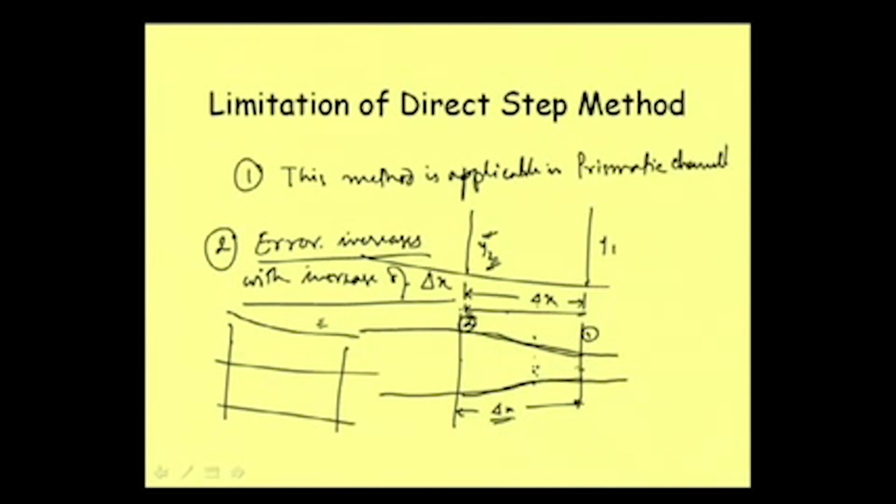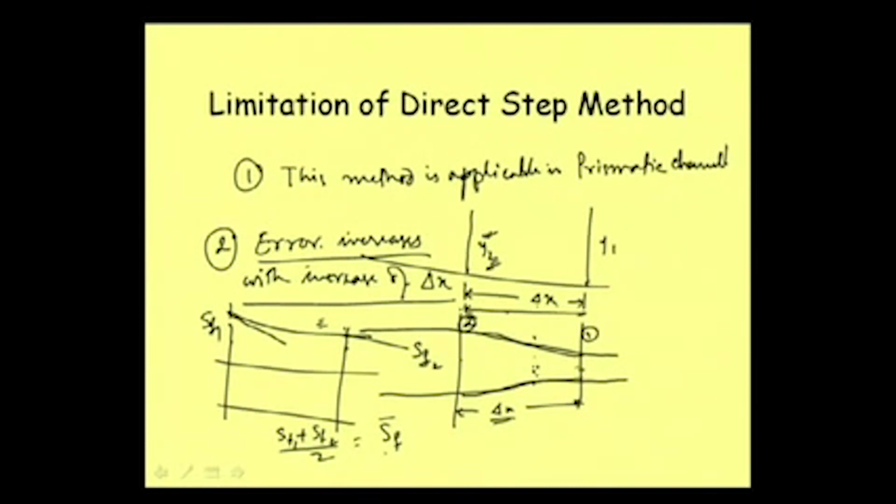This is suppose the actual energy slope line between these two points, and then what we are doing is calculating the energy slope at this point, SF1, and the energy slope at this point, SF2, and then taking the average of these two, SF1 plus SF2 divided by 2, and that we take as SF bar.